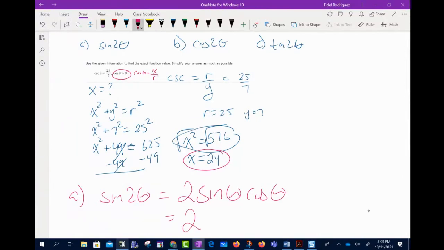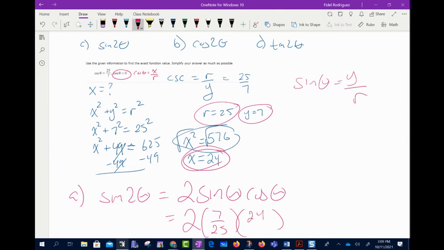All right, if we know that the sine of theta is y over r, and we know what y is, we know what x is, and we know what r is, we would say the sine is going to be y, which is 7 over 25. Cosine is going to be what? 24 over 25.